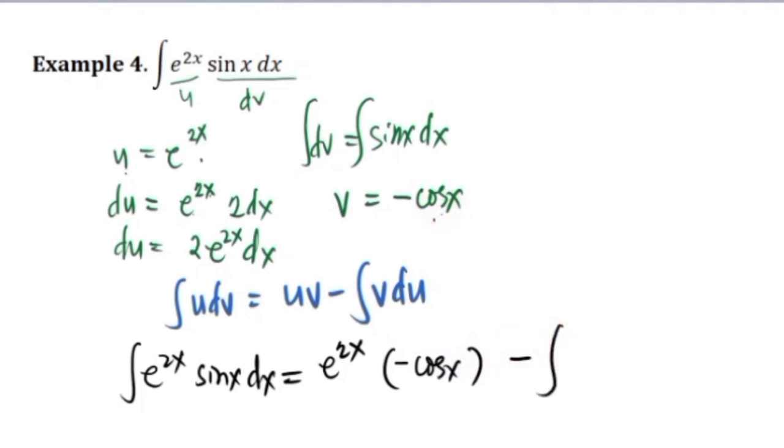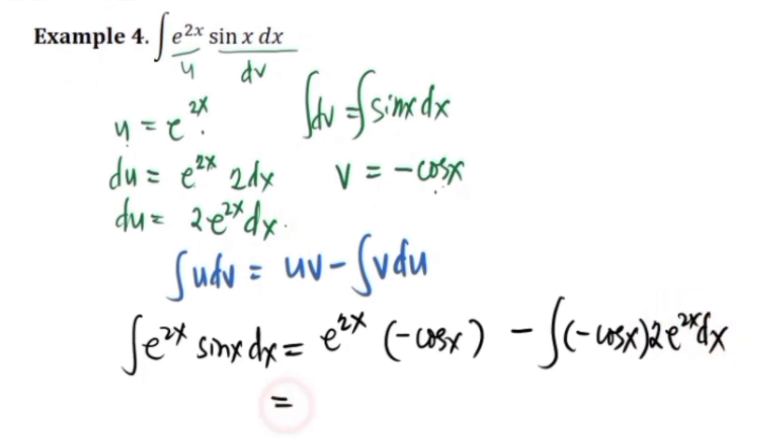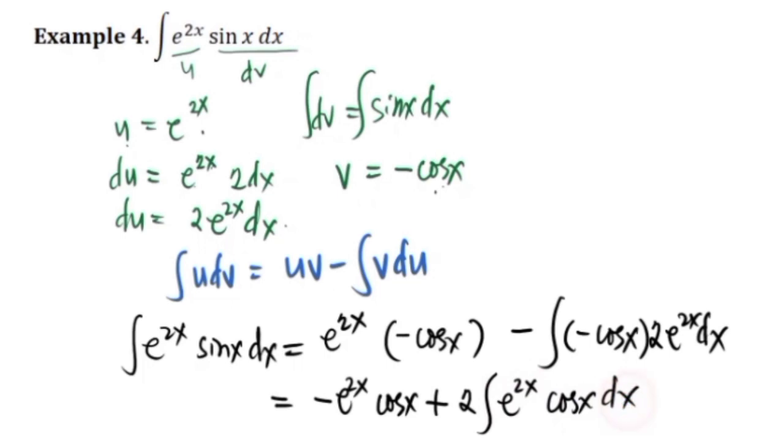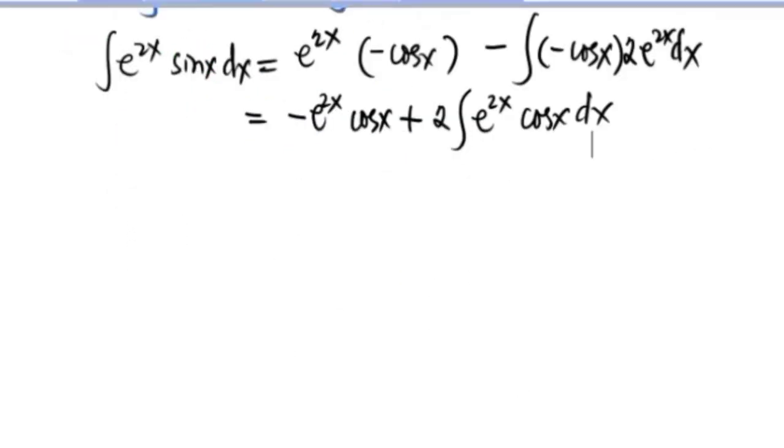So your v is negative cosine x and your du is 2e to the 2x dx. So we have negative e to the 2x cosine x. So this would be positive na. Ilabas natin yung 2 since constant naman siya. Multiplied by e to the 2x cosine x dx.